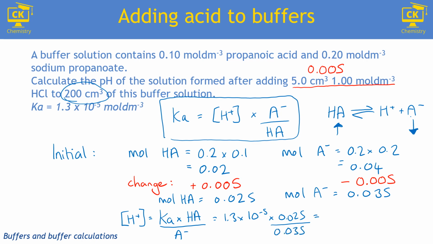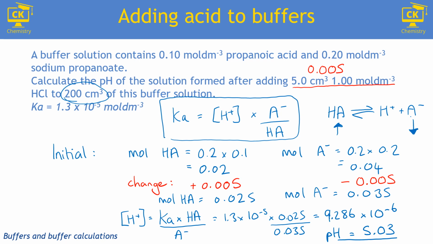The answer for H+ concentration is 9.286 times 10 to the minus 6, and I've just got enough room to do the minus log of that value to find the pH, which is 5.03. So that is the new pH of the buffer.